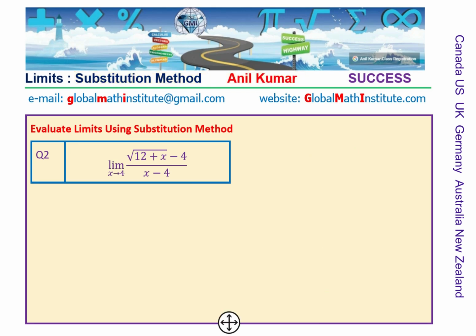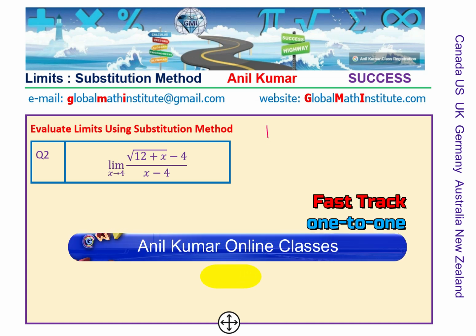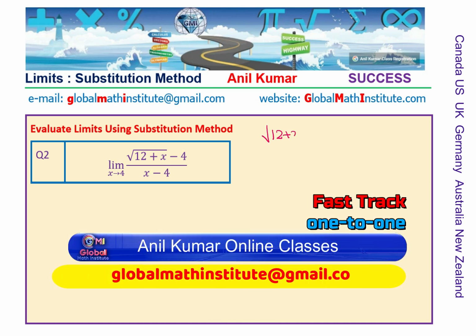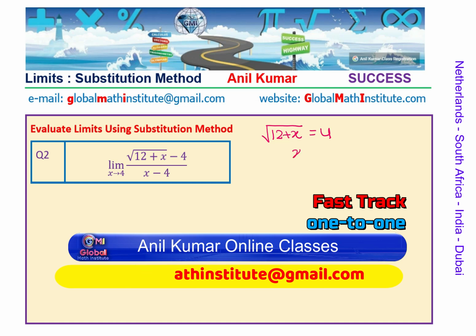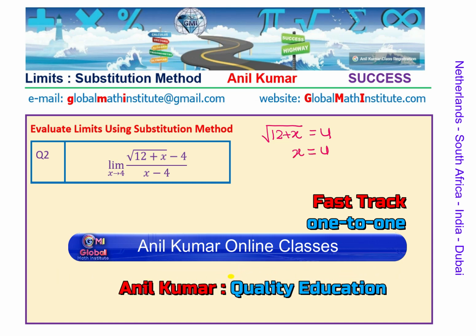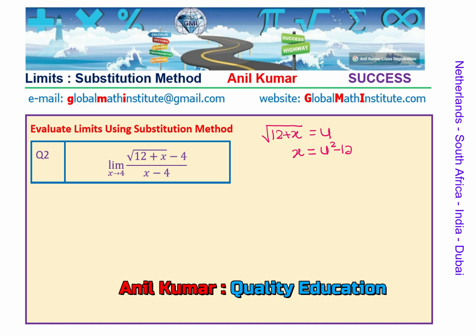Perfect. So what we learned just now is that we are going to substitute square root of 12 plus x as equal to u, and that gives you the value of x as u square minus 12. Also, what you notice is that when x approaches 4, u approaches 4, correct?